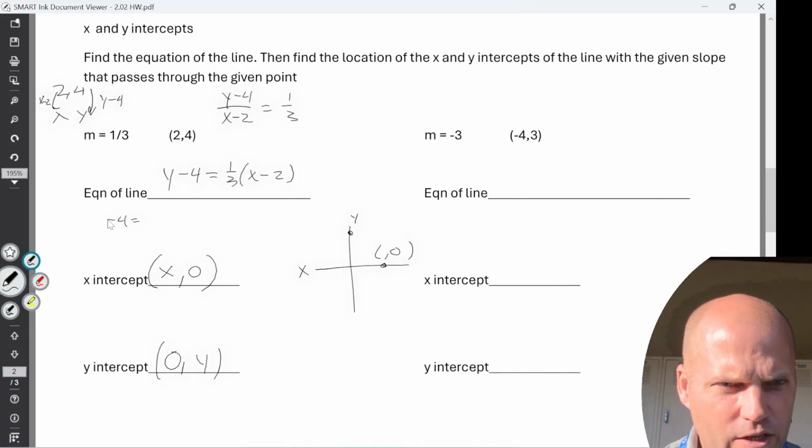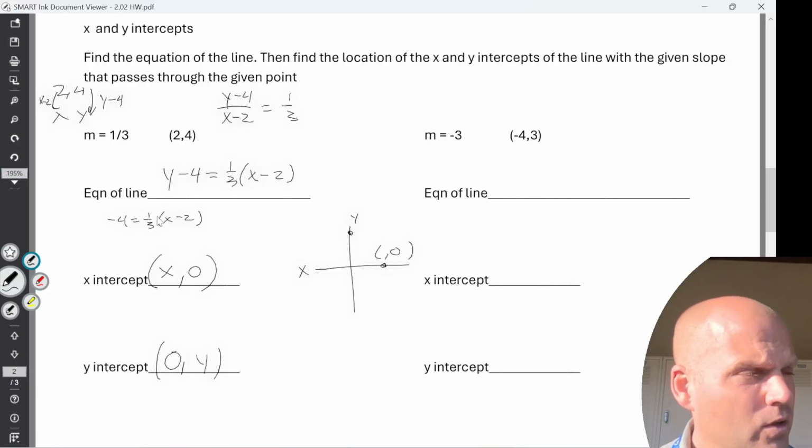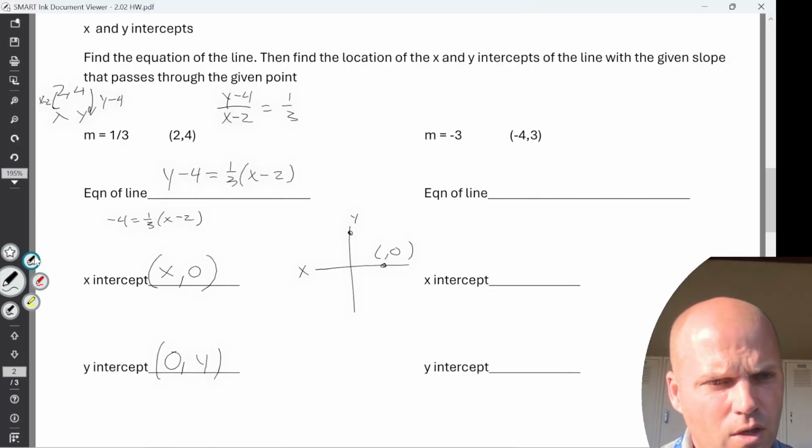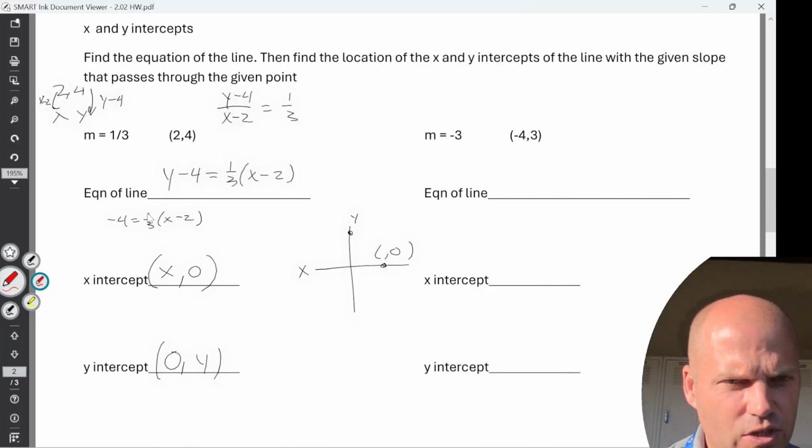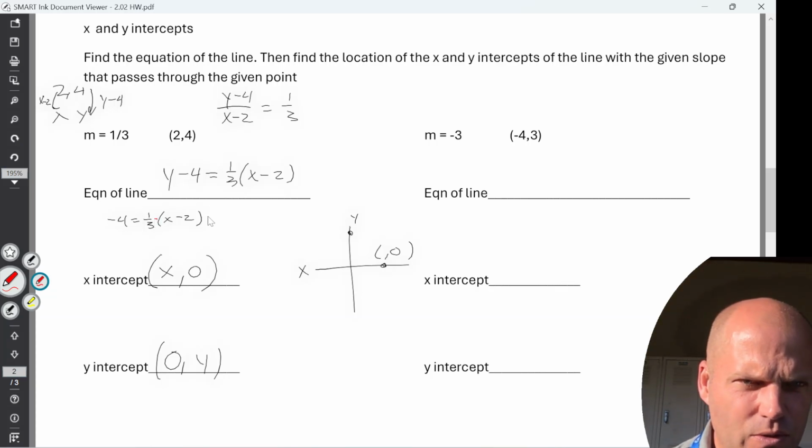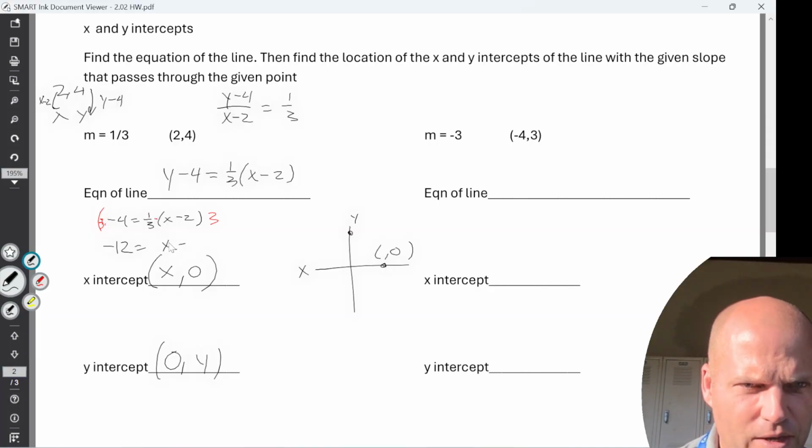I get -4 equals 1/3 times x minus 2. Now this is a great example when I'm finding the x-intercept, we don't have to distribute always. You see this 1/3 here? I would love to not have to distribute that to the 2 and then deal with fractions. Well, since it's 1/3 times x minus 2, I can decide to multiply the right side by 3 and the left side by 3. And when I do that, I get -12 equals just x minus 2.